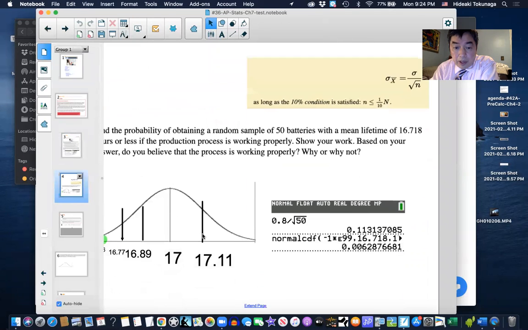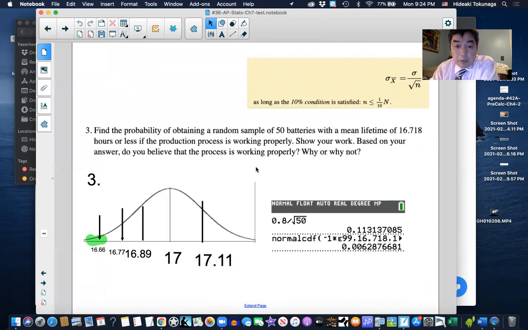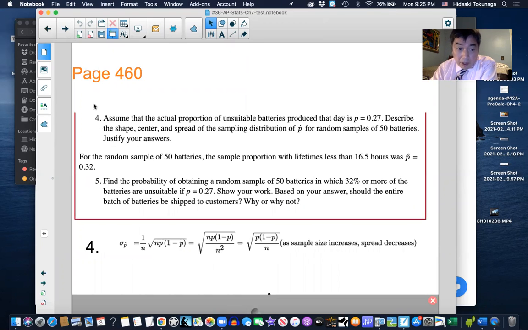And also I think we have probabilities of the 50 batteries, and we try to get the percentage of this highlighted area. And we discuss if it's suitable or not suitable to run this. Okay, number 4 and 5 is left over.